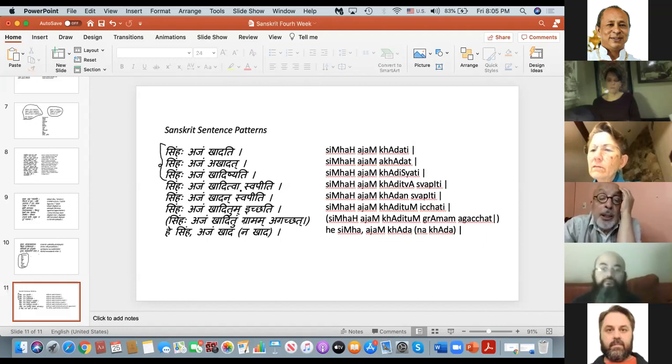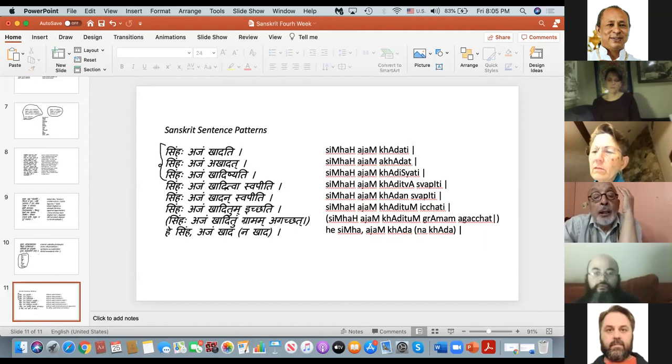It is a typical way of handling two sentences put together. Suppose this is English: Simha ajam khadati, swapiti cha. If I want to make the Sanskrit sentence closer to English, I would say Simha ajam khadati, swapiti cha.